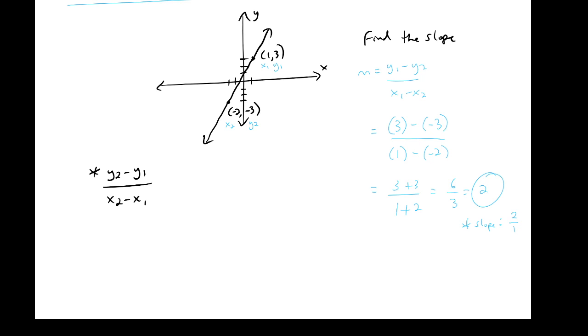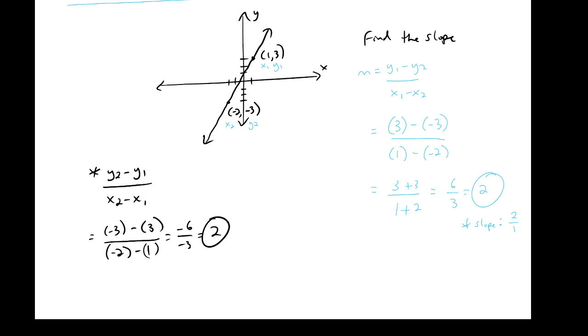I would have taken my -3, and then subtracted 3, all over my x, my -2, subtracting 1, which is going to give me -6 over -3. And again, it's the same exact answer. So it's pretty forgiving in that way.